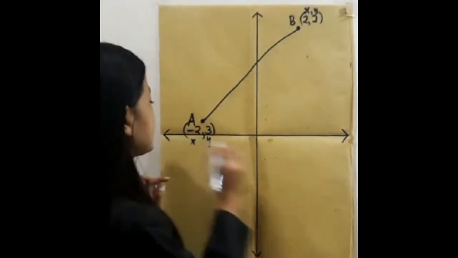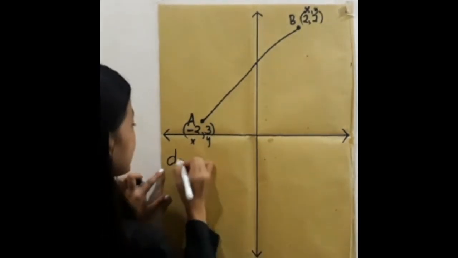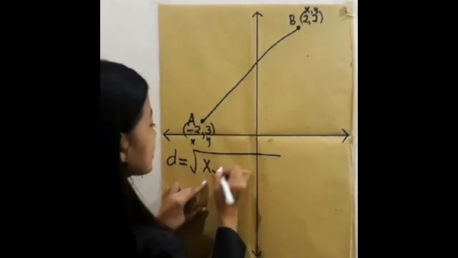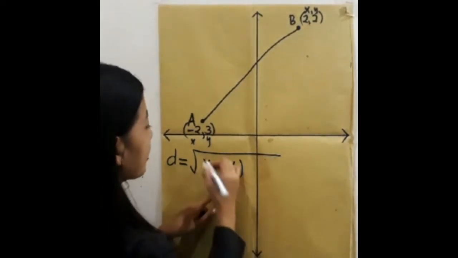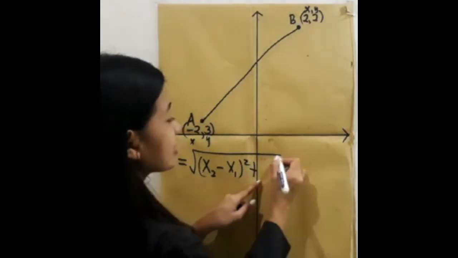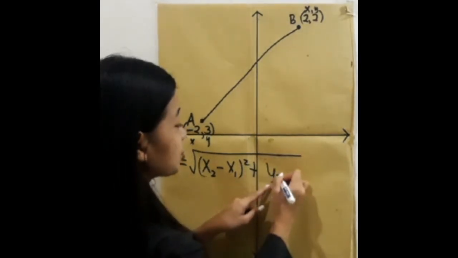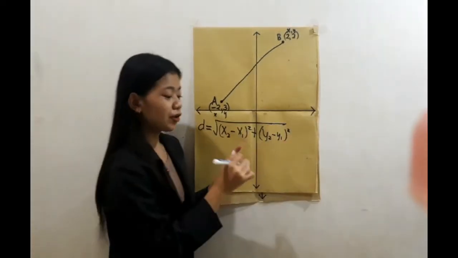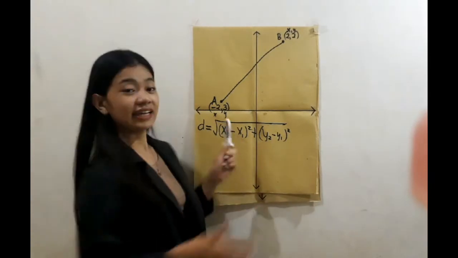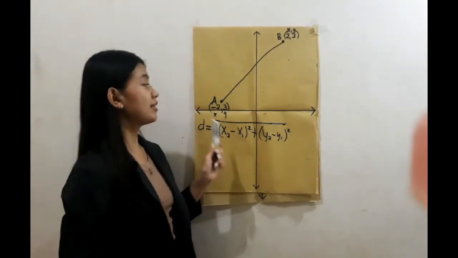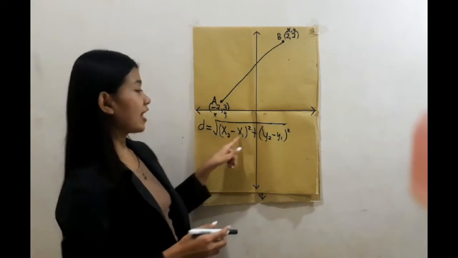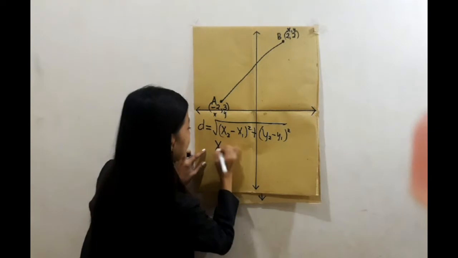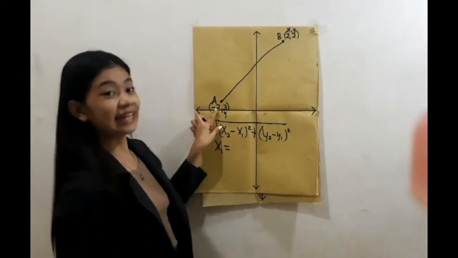Our distance formula is d equals the square root of the quantity x sub 2 minus x sub 1 squared plus the quantity y sub 2 minus y sub 1 squared. But before we proceed to plugging in, we need to find first the values of these variables. So, our x sub 1 is equal to negative 2.